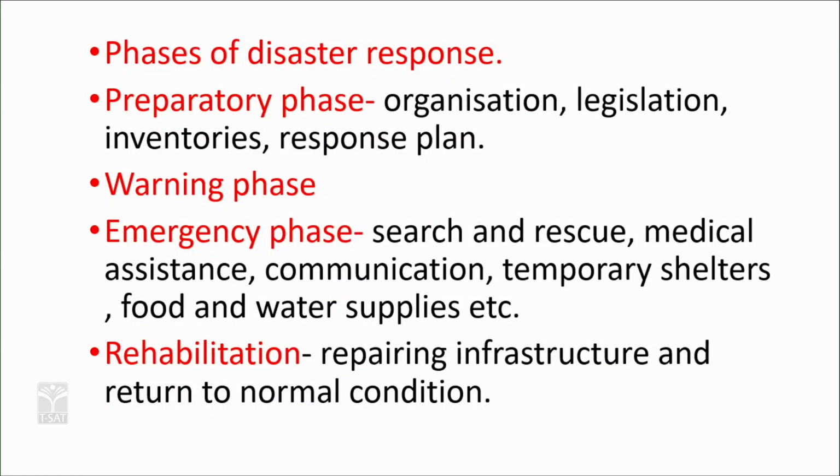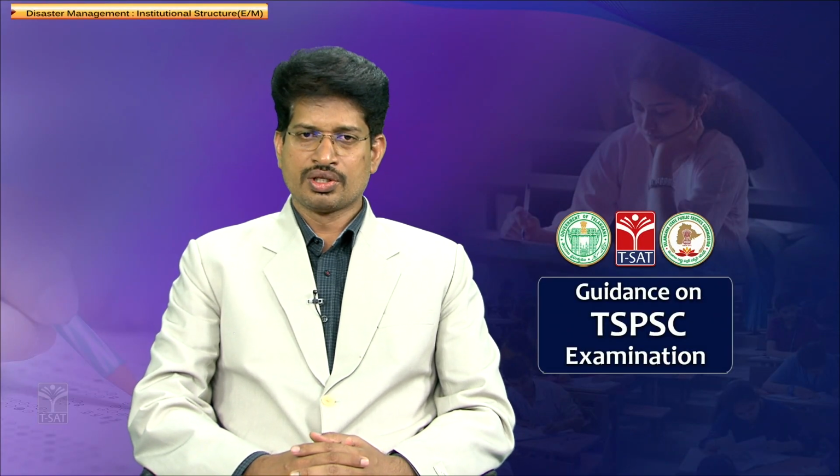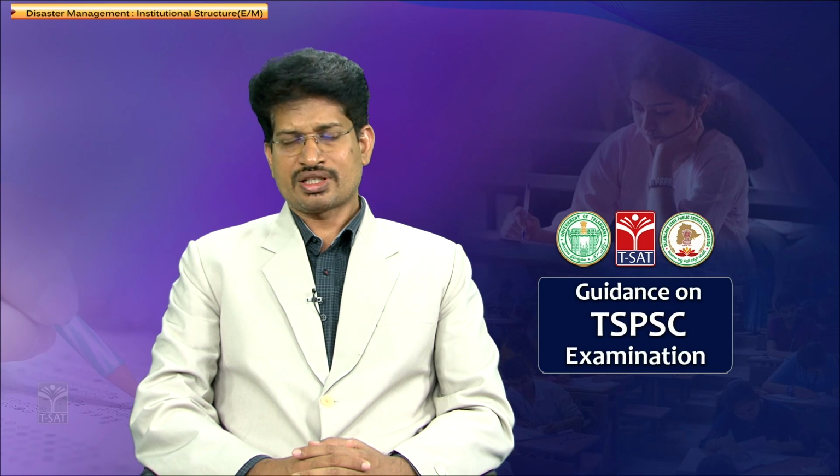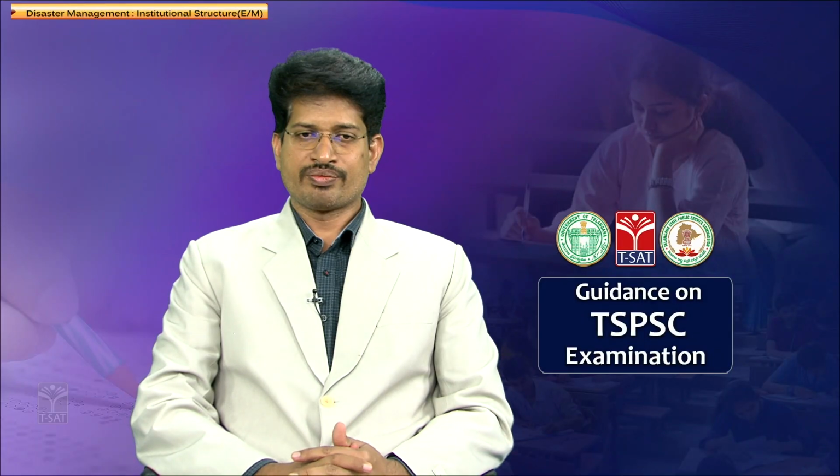Medical assistance: doctors and paramedical personnel need to be transported to the affected region. Communications: establishing alternative communication systems, temporary shelters, and food and water supplies must be provided, especially in the emergency phase, to avoid the loss of life.